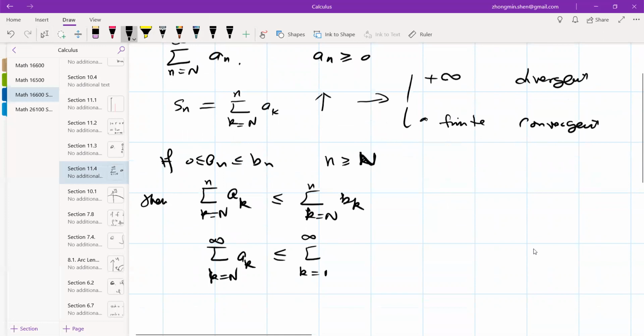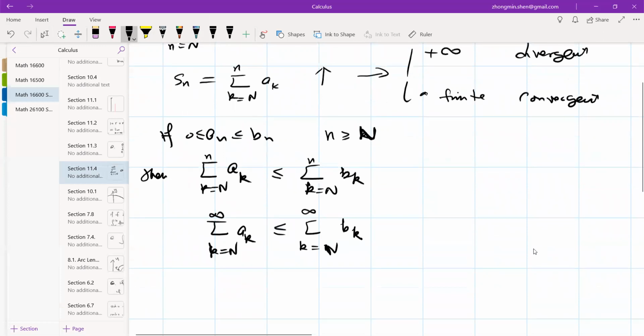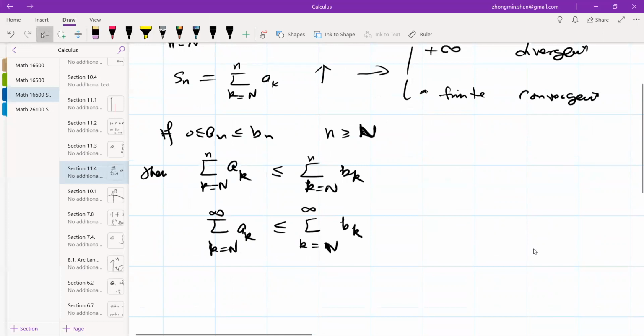The limit always exists, either infinite or finite, right? So you can pass to the limit. Now it's possible the limit is infinite, okay? But this is going to be greater than or equal to 0, I know.